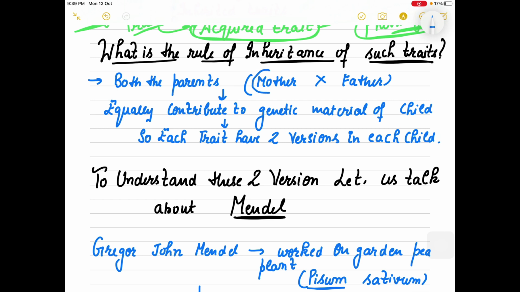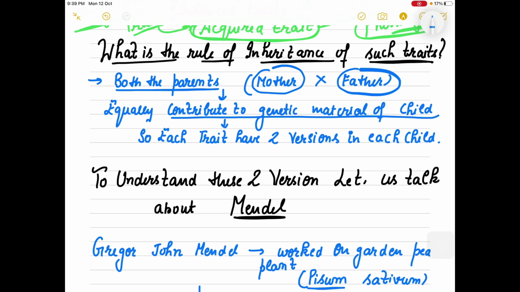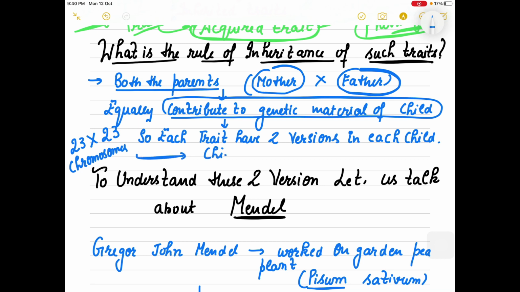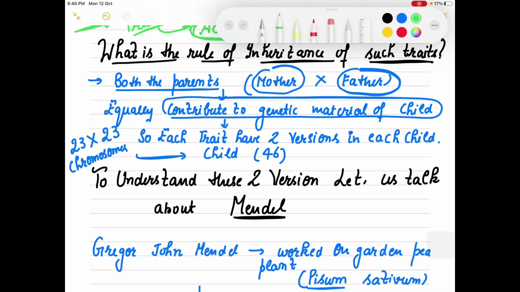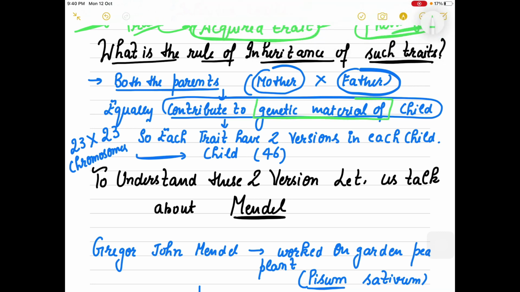Because both mother as well as father are involved, both the parents equally contribute to the genetic material of the child. And you are now very confident about this point, because you know that 23 chromosomes from the mother and 23 chromosomes from the father are transferred to the child, and then it becomes 46 in number, right? So there is an equal contribution of chromosomes from the parents.